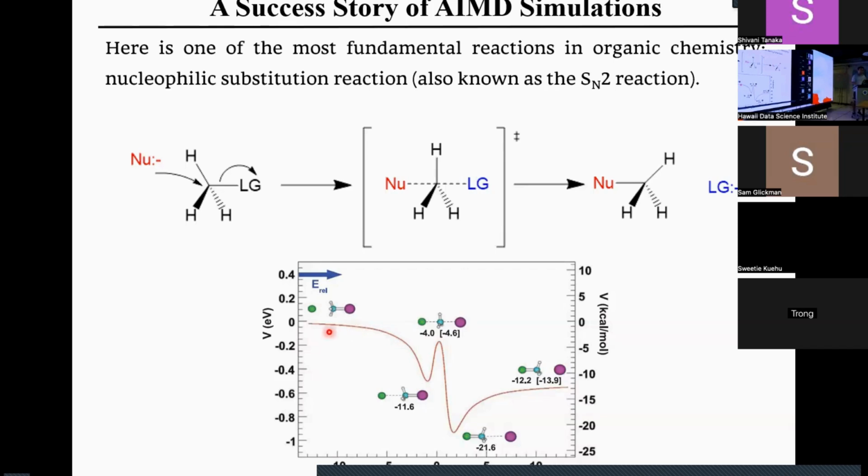Really, this is just a picture representation of the story I just told you. You start from the reactant, a green molecule comes in, hits from the backside, and pops out this purple molecule, and now the charge is on the purple molecule. Along this process, you can compute the energy of these different configurations. That's really what this tells you.